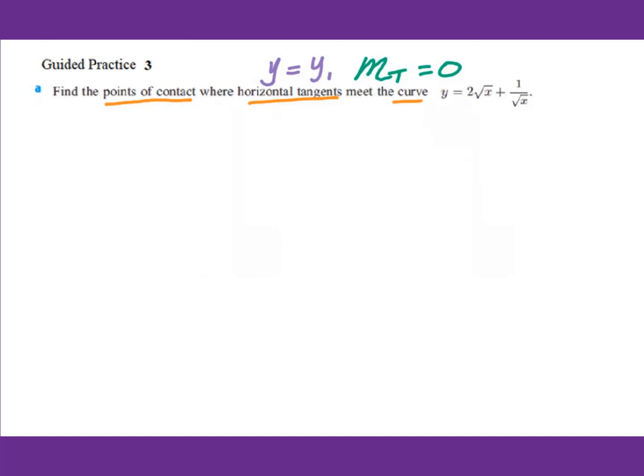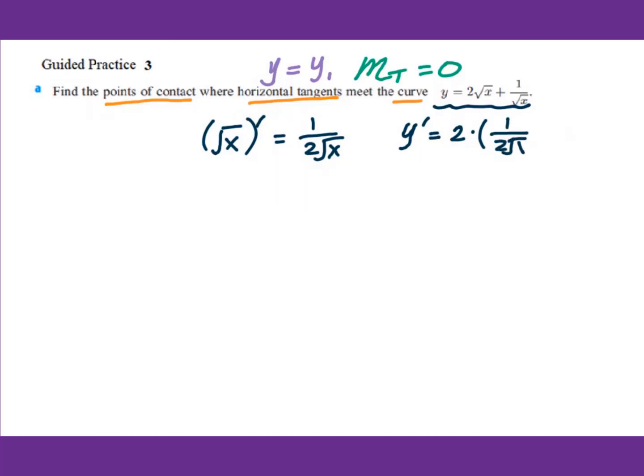We will work out the derivative for this function, that is y prime equals 2 times, using this rule, 1/2 square root of x, plus 1 over square root of x, that is negative 1 over 2x square root of x.